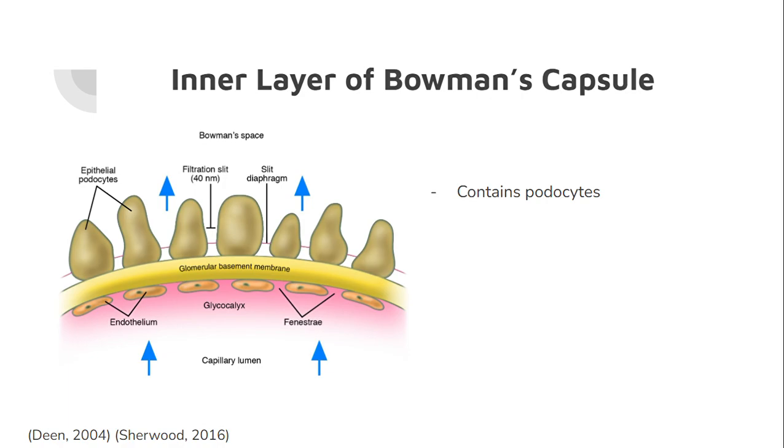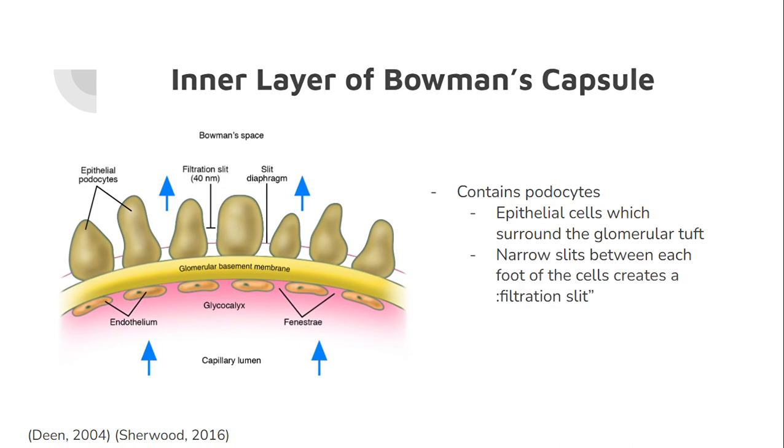But podo means foot. And what happens is that these little podocytes are cells that have multiple quote unquote feet. And these feet surround that glomerular tuft. And then the narrow slits in between each of these foot cells create what we would call a filtration slit, seen right here.